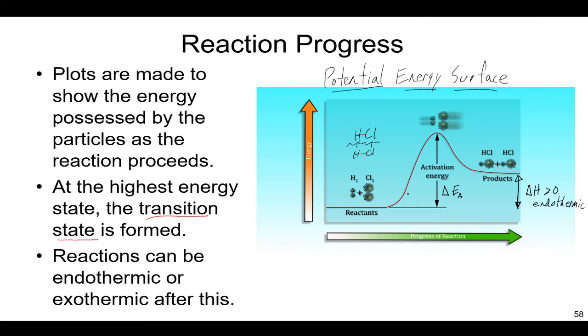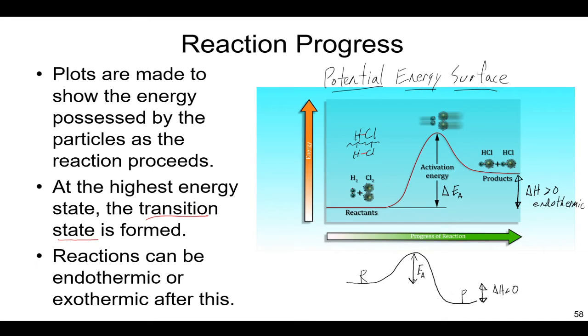Okay, there's still an activation energy necessary to get to these endothermic products, but you can draw the same sort of diagram. Here would be the activation energy. And here would be the delta H, which is less than 0.